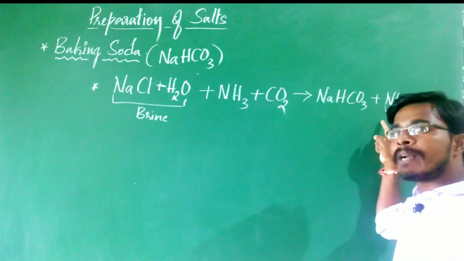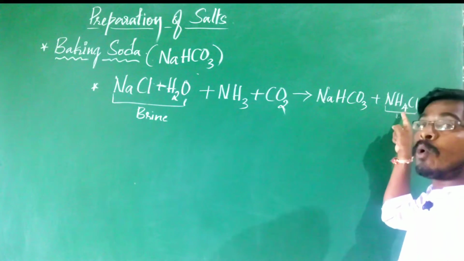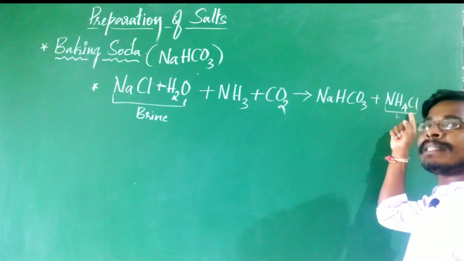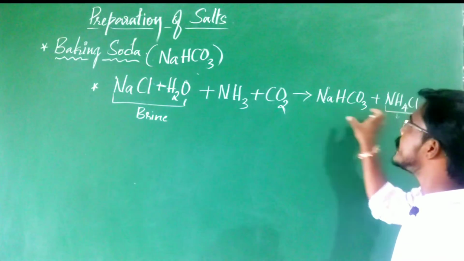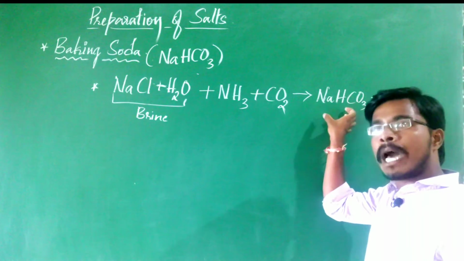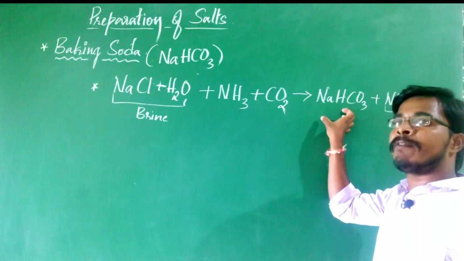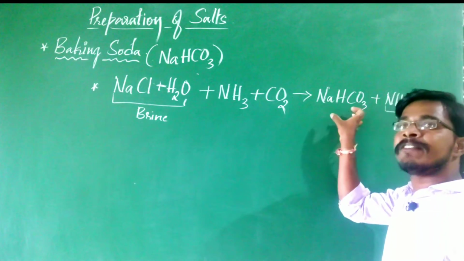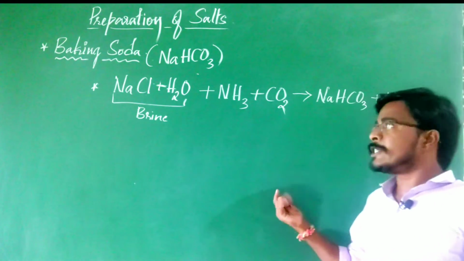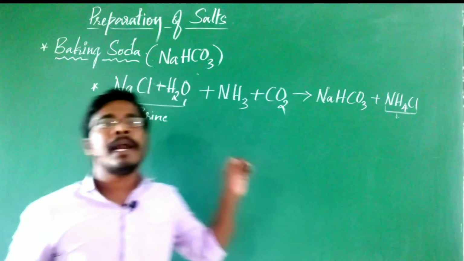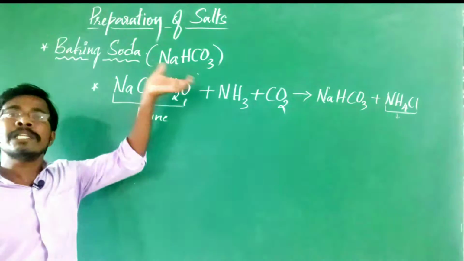Another byproduct is ammonium chloride, which is completely dissolved in water in solution state, while sodium bicarbonate is in precipitate form. This precipitate is filtered and taken out as a solid. That is the preparation of baking soda.